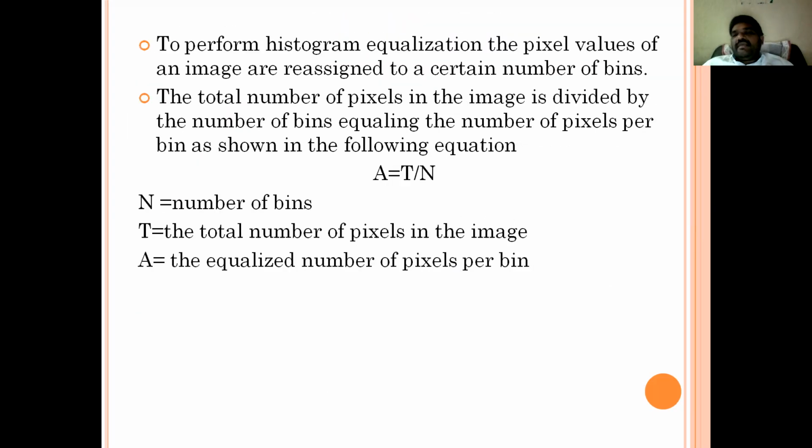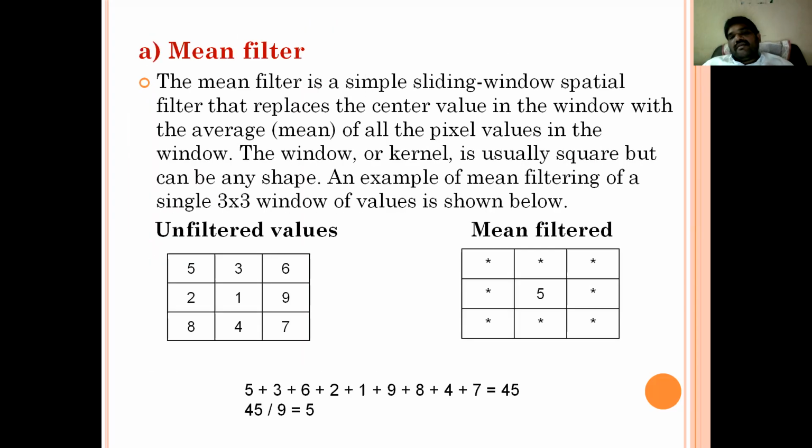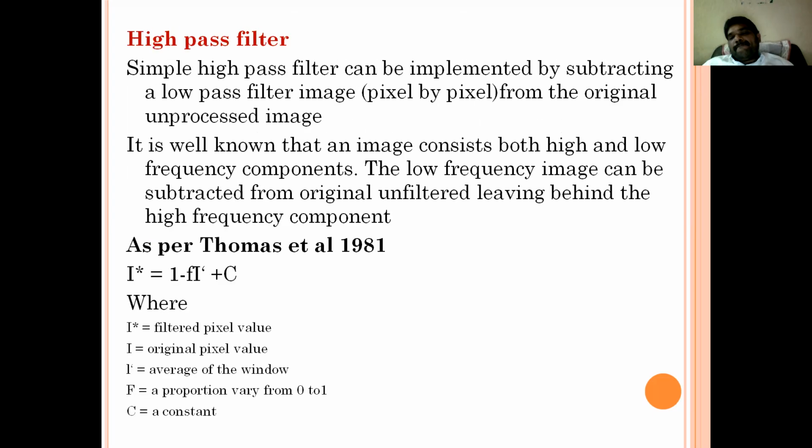We have seen here high pass filters. Here, one particular formula is visualized. What is it? Simply, a high pass filter can be implemented by subtracting a low pass filter image from the original unprocessed image.